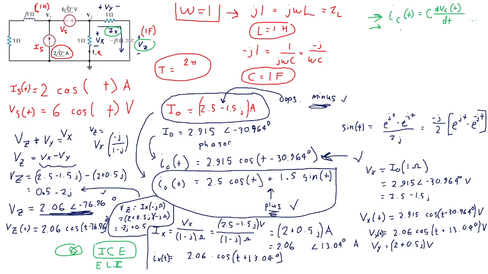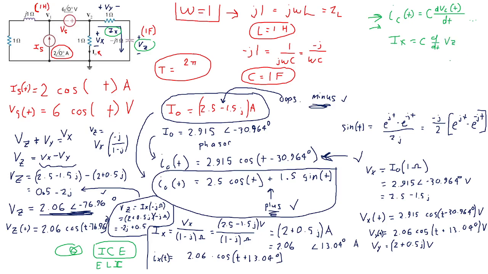So in a capacitor, we know that Ic of t is equal to the capacitance times dVc of t dt. Vz is that capacitor voltage, and Ix is that capacitor current. They are consistent with the passive sign convention, so the differential form holds.